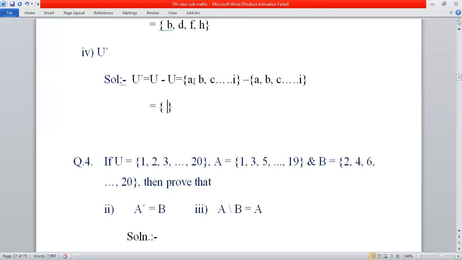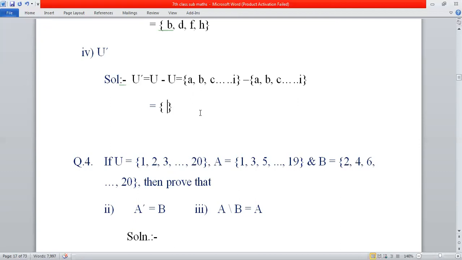If you subtract a, b, c up to I from a, b, c up to I, no elements will come in the answer. All the elements will be subtracted. So the answer of u complement is the empty set. From this we learn that if you take the complement of the universal set, you will automatically get the empty set or null set.